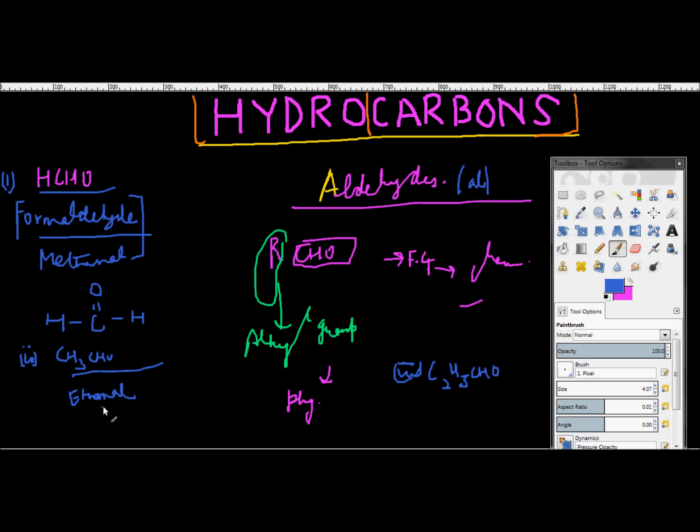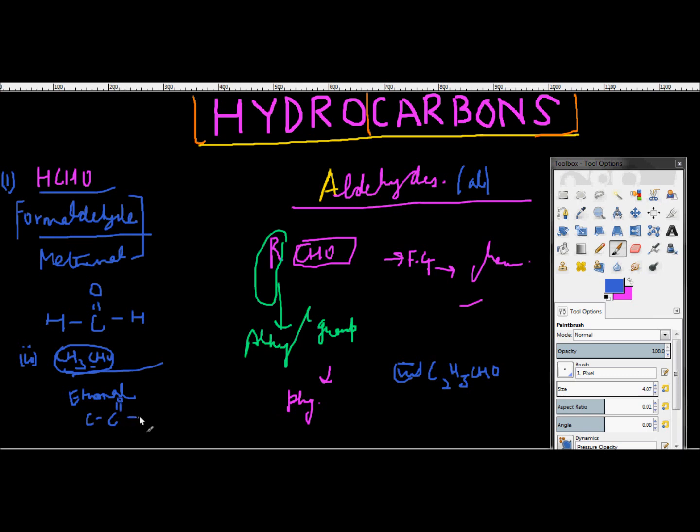So, guys, ethanal is CH3CHO, and once you get the naming right, the structure is pretty easy. Just arrange the C's and the H's and the O's. So guys, ethanal will have a structure like this. You have just one C, however there's another C here in the CHO, so you have another C here, and then you have this O here.